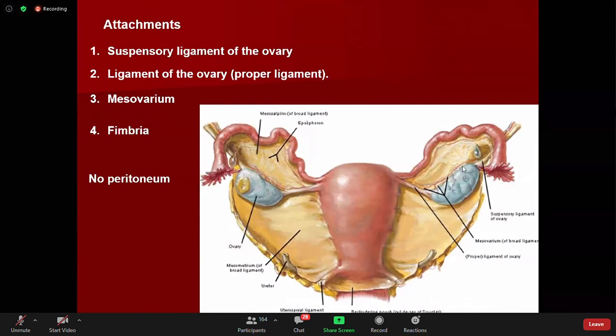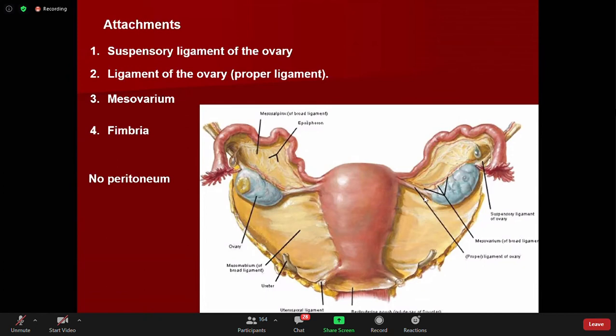attached to the broad ligament by mesovarium, the line of attachment of the ovaries to the broad ligament, and we have the suspensory ligaments that contain the ovarian blood vessels. So these are the 4 attachments of the ovaries, okay?